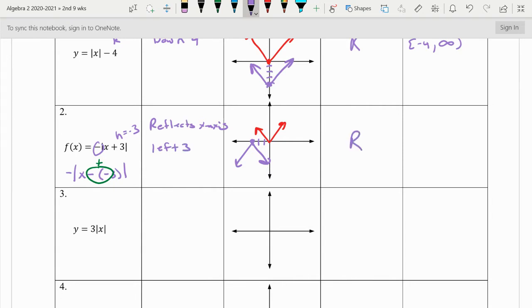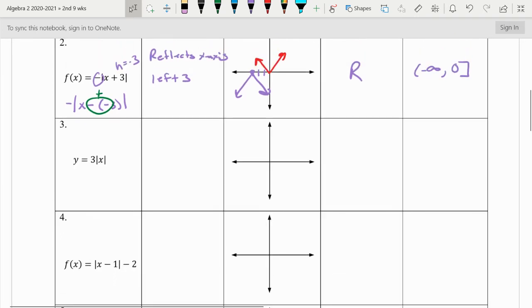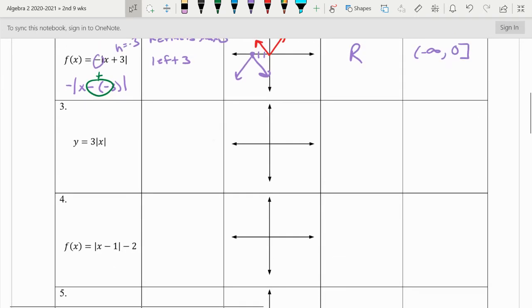As far as domain and range, still all real numbers. And this time, remember, range is bottom to top, so this is going to be negative infinity to 0 bracket. So that one had 2 transformations. This one here has 1. It's a 3 before the absolute value of x, so this can be a vertical stretch because it's greater than 1.